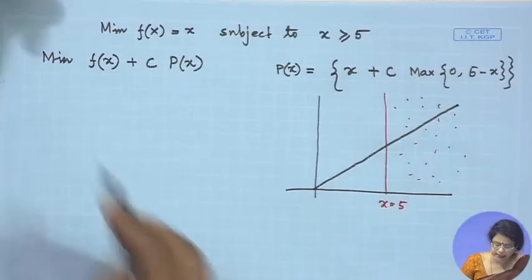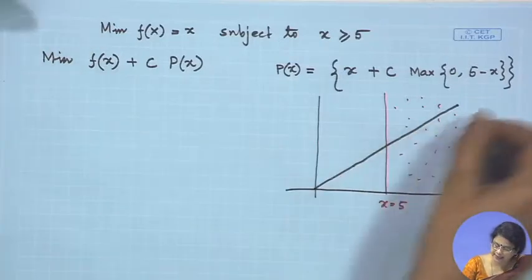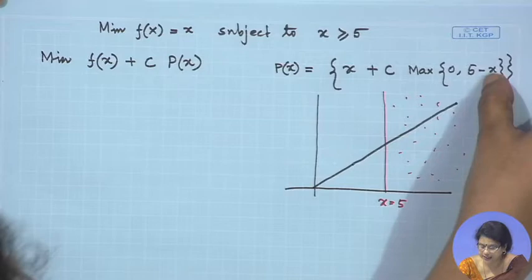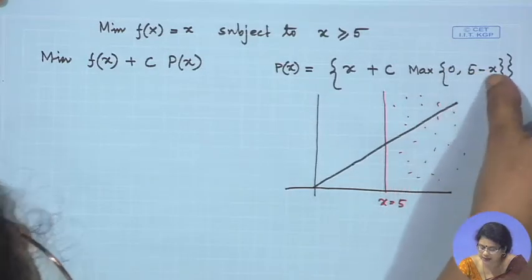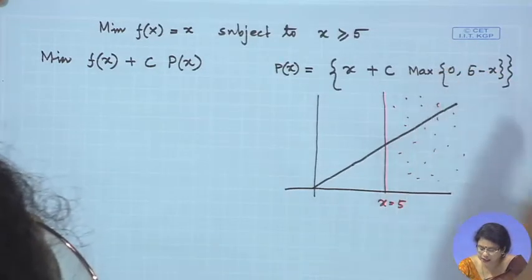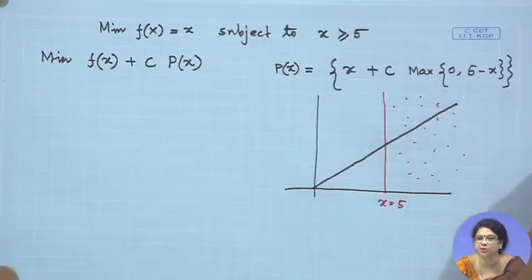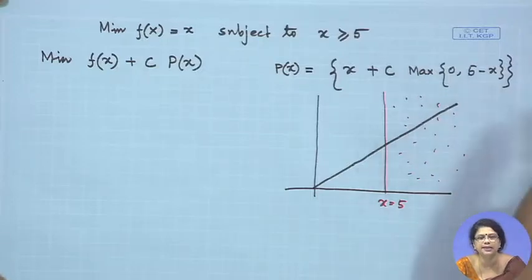If we consider this equal to 5, then this is the feasible space. Now, you see, if the value of x is 6, then the value of this is minus 1, and max of 0 and minus 1 would be 0. That is why there is no penalty if we remain within the feasible space. But consider the other way.